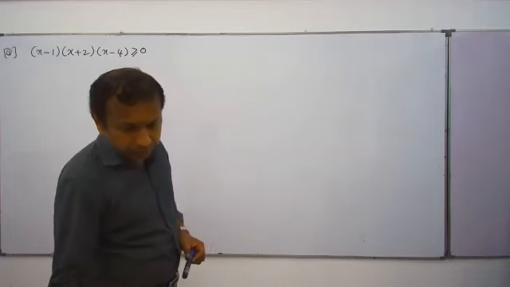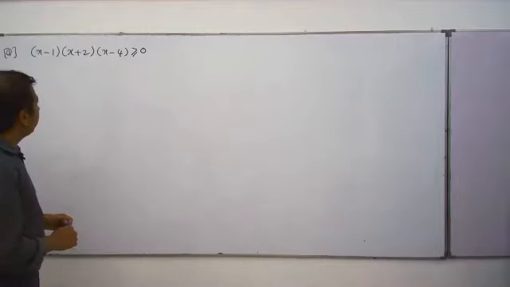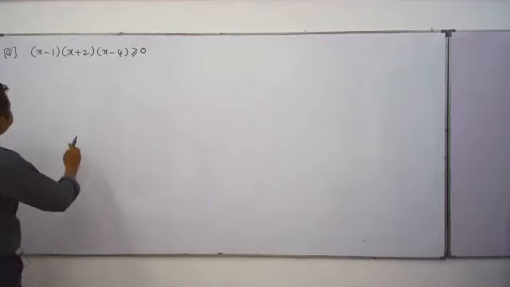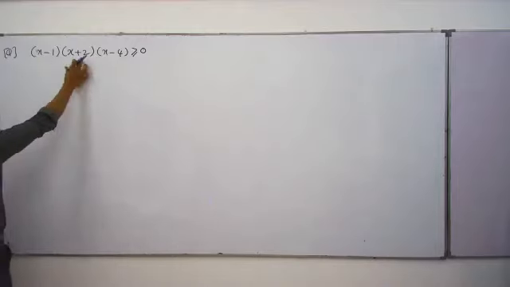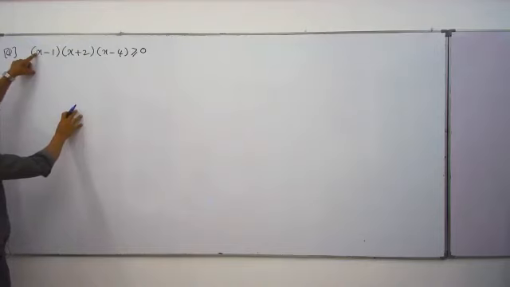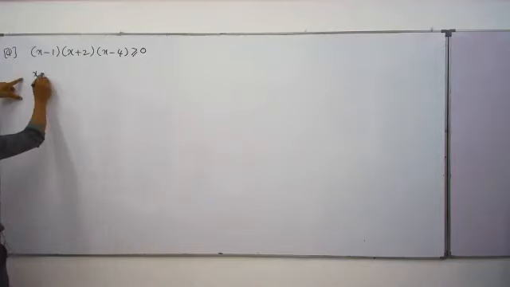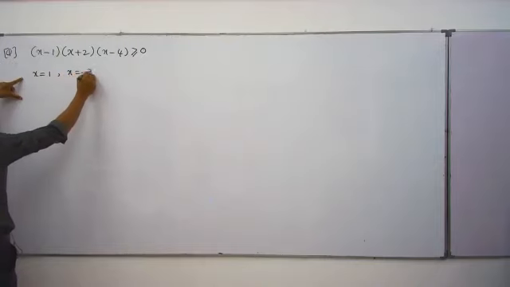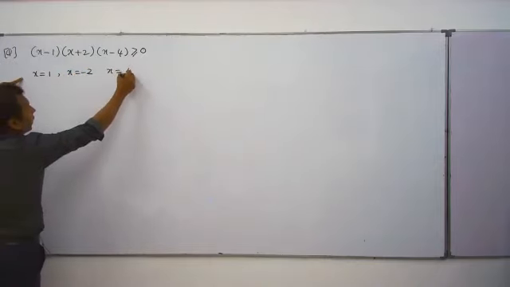Right, people? Okay. Now, first thing I told you, equate each bracket to 0 and find the x value. If the x coefficient is +1, those x values we can very easily find, by changing this sign to the opposite. Like this.